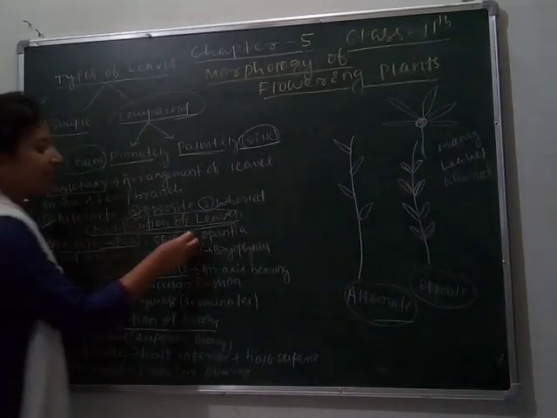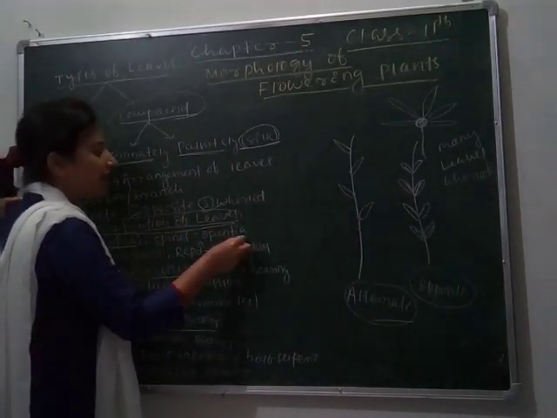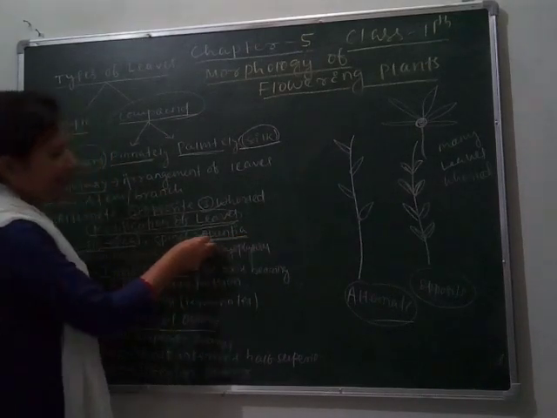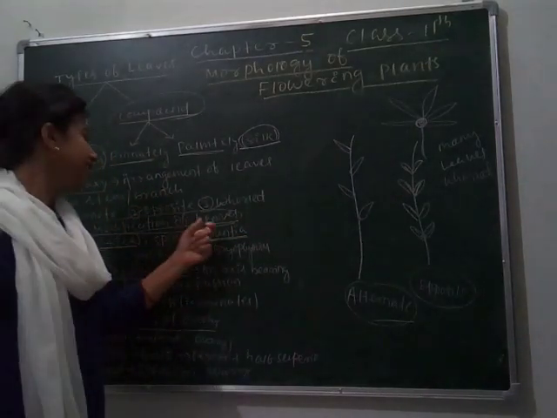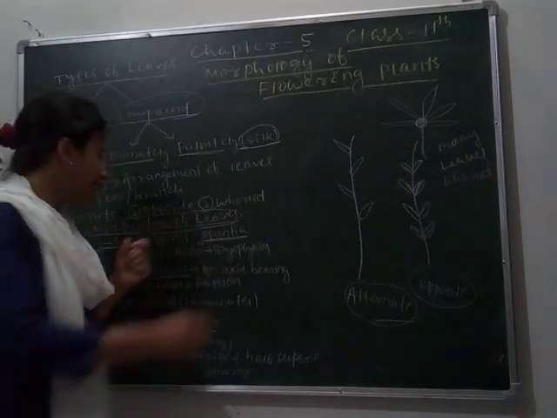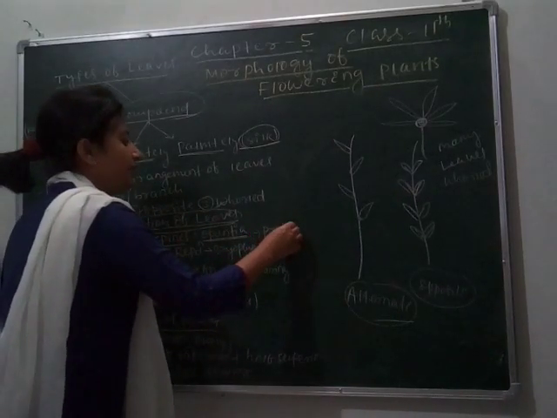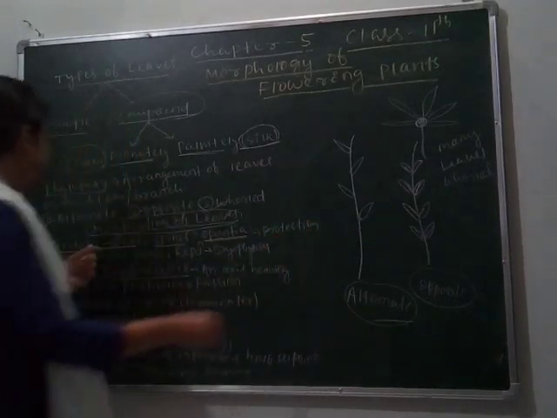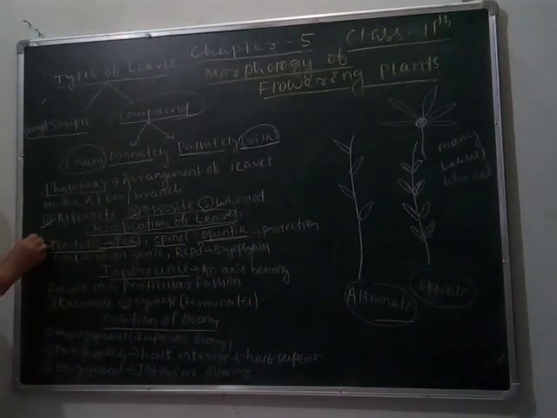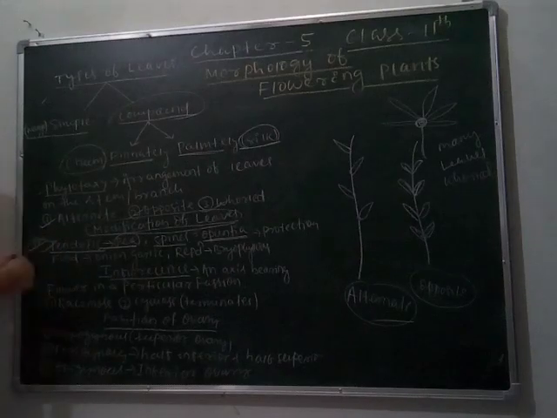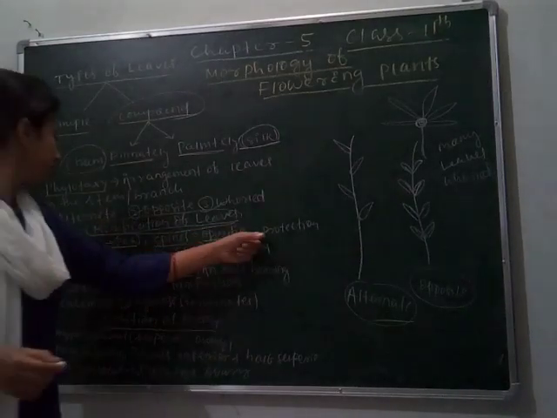Clear? Next is Opuntia. In Opuntia, the leaves are modified into spines, here for protection. In pea, it is for support. So the leaf is modified for support, then for protection.